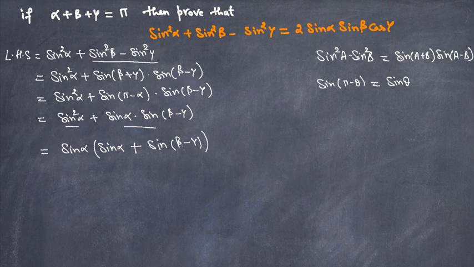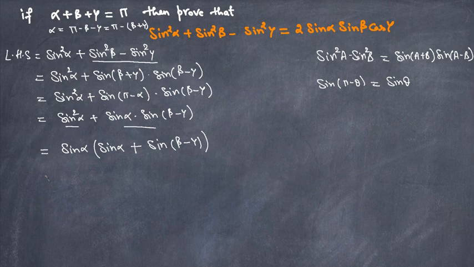Now this is β minus γ, this is α. Can I write α in terms of β and γ? Yes, α can be written as π minus β minus γ, or π minus (β plus γ). I just took the negative sign out.